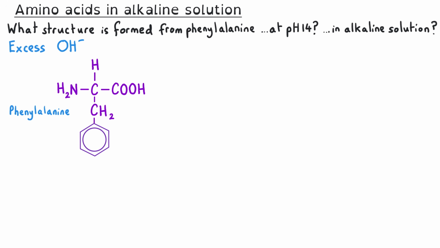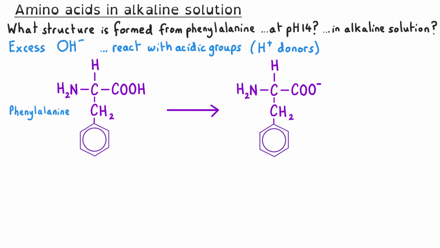When we have a high pH value, there is an excess of hydroxide ions, and these ions will react with acidic groups in the amino acid. And so this will include any group that can donate hydrogen ions. And so in phenylalanine, the proton donor is the carboxylic acid group. And so in high pH, the carboxylic acid group will be deprotonated, and this will be its structure.